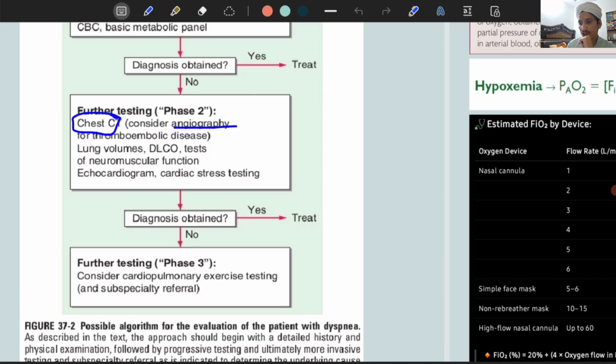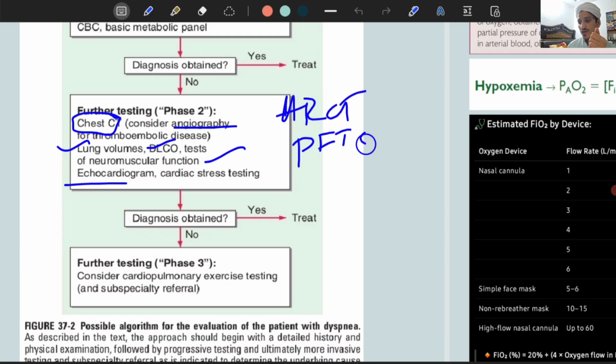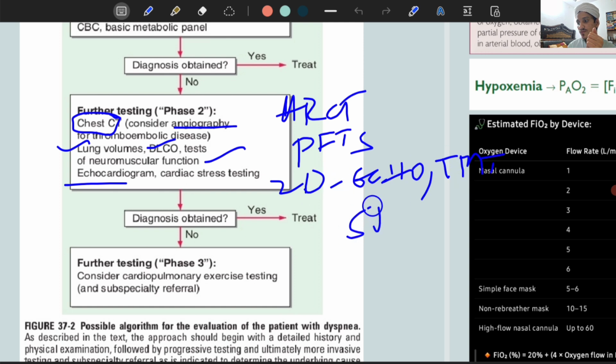Okay, you will do lung volumes and diffusion capacity of the lungs, and if you suspect any neuromuscular disorder, neuromuscular function, and if you are still suspecting a cardiac cause, you can do 2D echo. HRCT you will do, PFTs you will do, 2D echo you will do, and TMT, treadmill test, or stress test you will do. Okay, these are all the second line investigations.